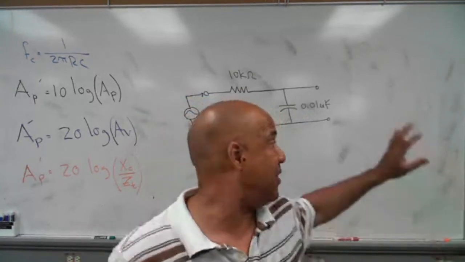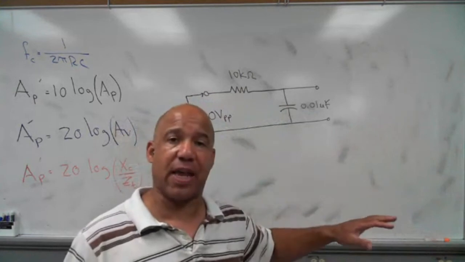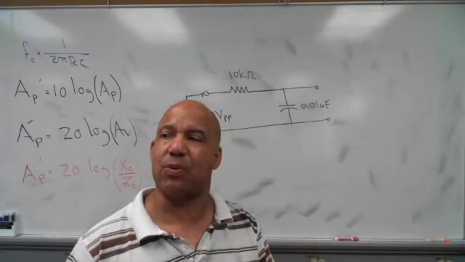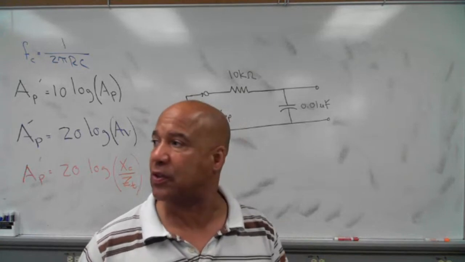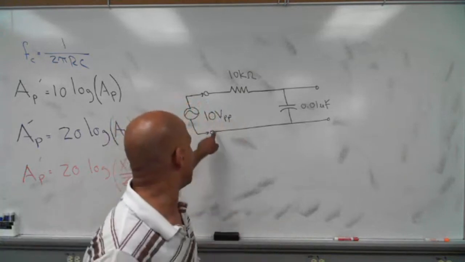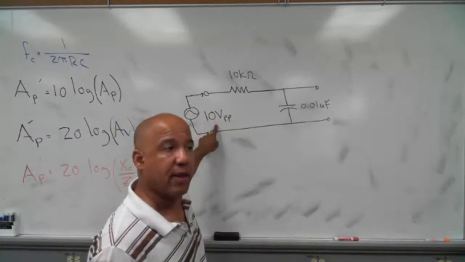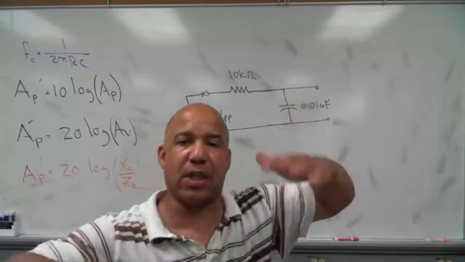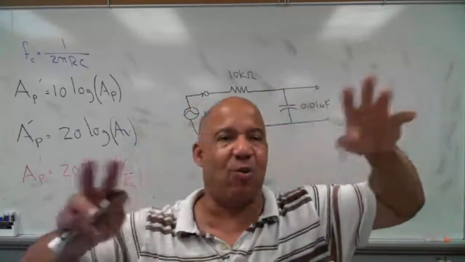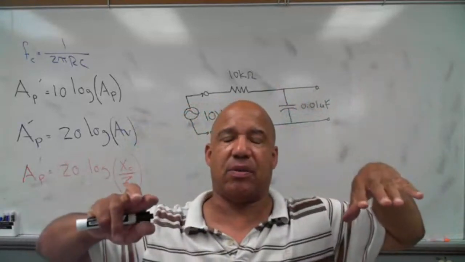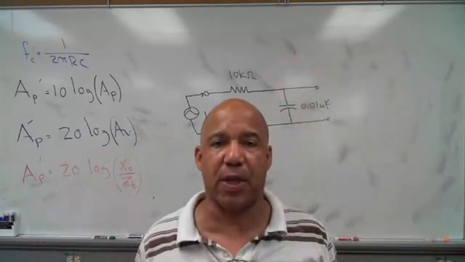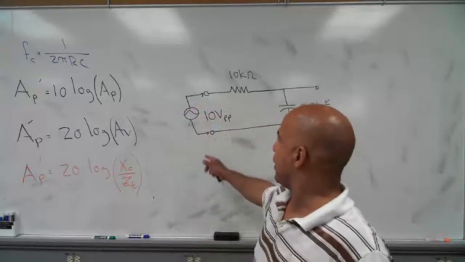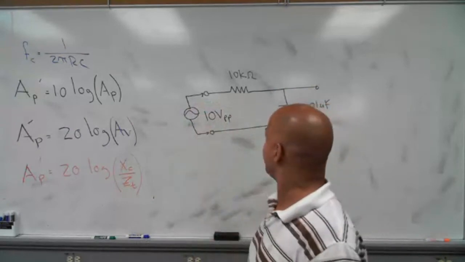When you deal with amplifiers and filters and such, they call that small signal analysis. You're going to show your voltage in peak to peak. One reason for that is when you're measuring with an oscilloscope, you don't want to have it in RMS, at least for the old analog scopes. It's just easier to get a number if it's in peak or peak to peak. So it's customary to write this in peak to peak.